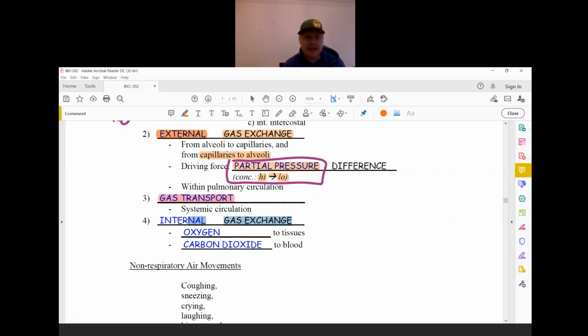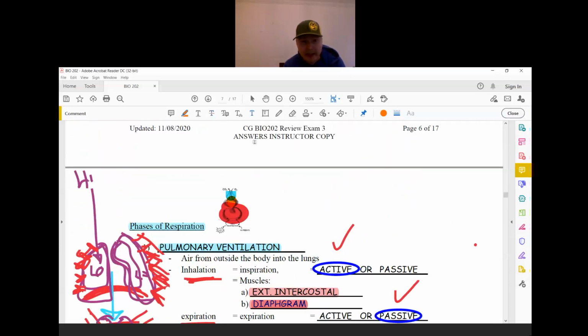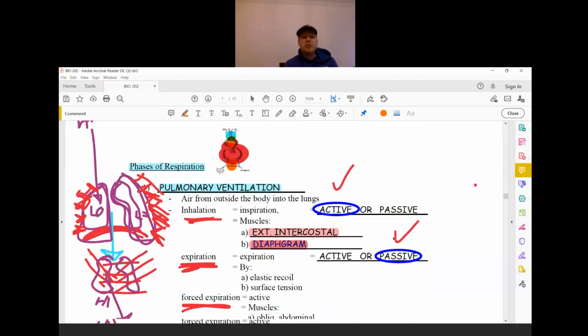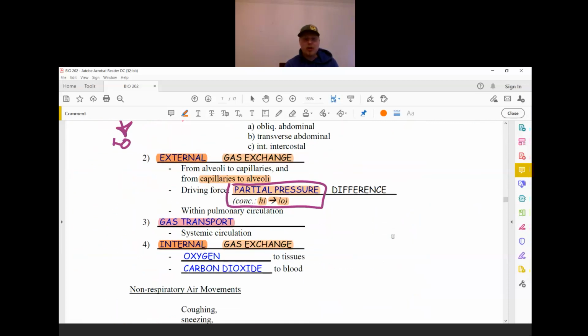That's where the materials get exchanged between the capillaries of the systemic circulation and either the interstitial fluid or tissues. So oxygen moves from the blood to the tissues and carbon dioxide from the tissues to the blood.